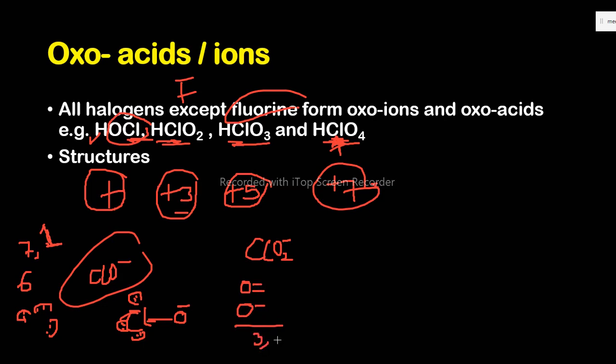The chlorine will remain with 4 out of 7 in the outermost shell, so it has 2 lone pairs. You draw your Cl, put 1 lone pair here, and another lone pair somewhere.